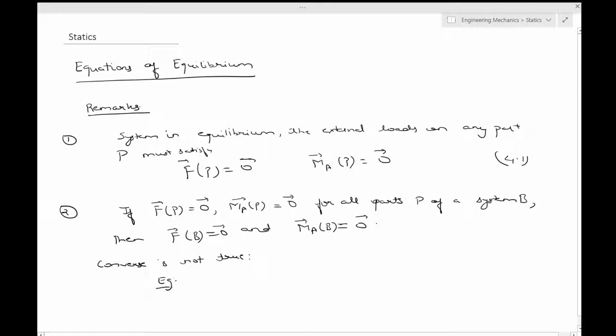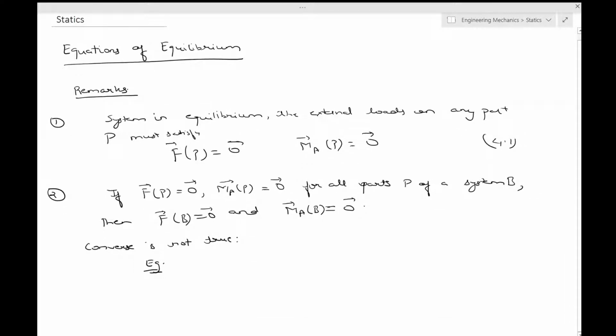An example of it can be a disk B of mass m rotating at constant angular velocity about a fixed axis.